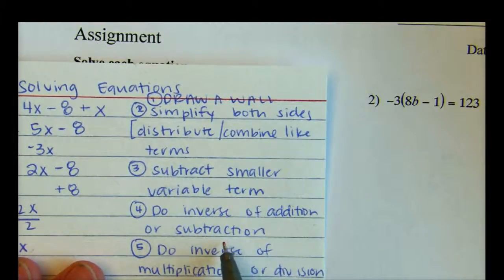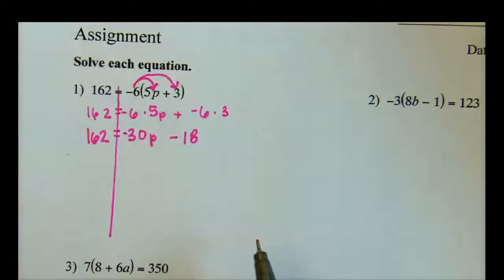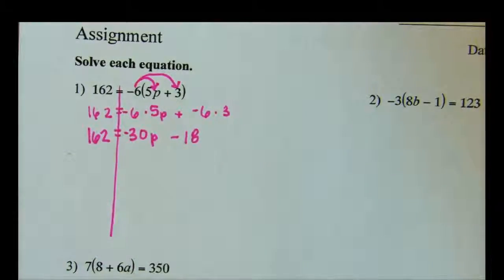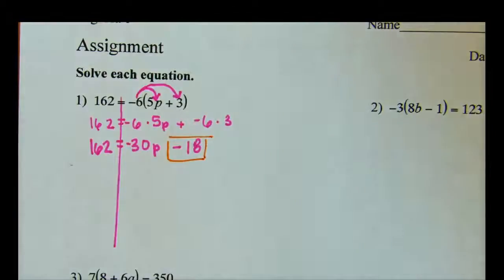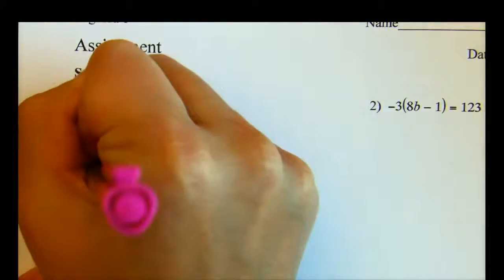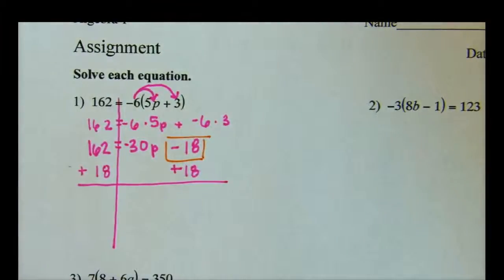That step is only for when I have 2 variable terms in my equation. So my next step is to do the inverse of addition or subtraction. So I want to take a moment in this equation and identify where I have addition or subtraction. And that's going to be right here with this -18. Since it's being subtracted, my inverse operation of subtraction, I'm going to add 18 to both sides. Okay.